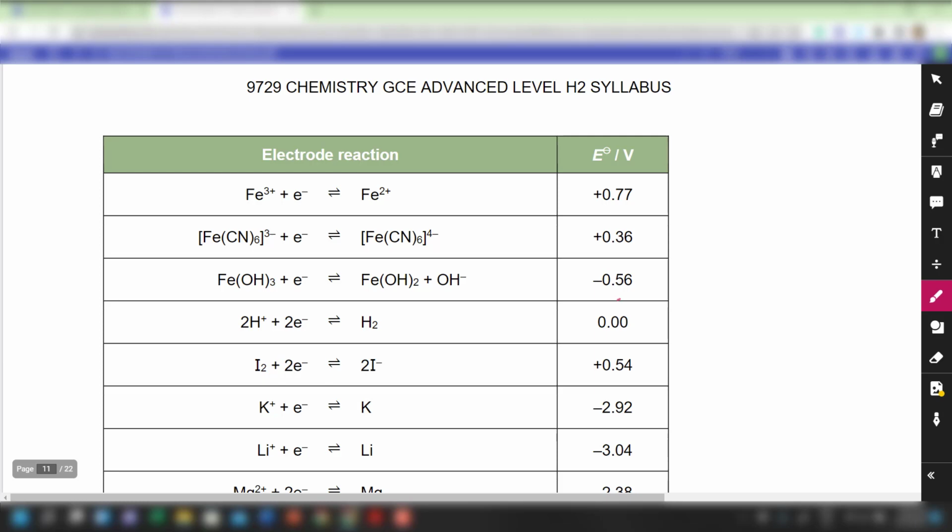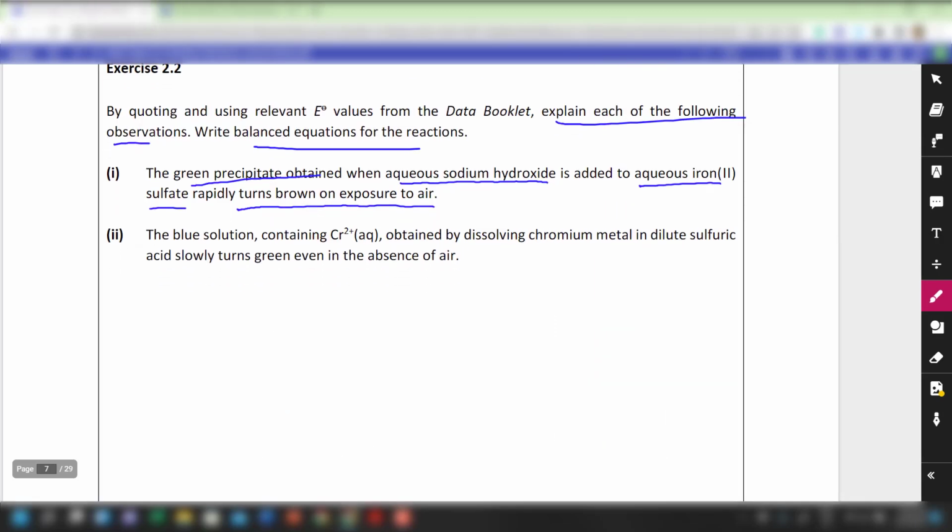With the reduction potential value of negative 0.56 volts, I'm going to write it down first. Fe(OH)3 plus electrons equilibrates to give Fe(OH)2, and these are solids. The E0 is negative 0.56 volts.